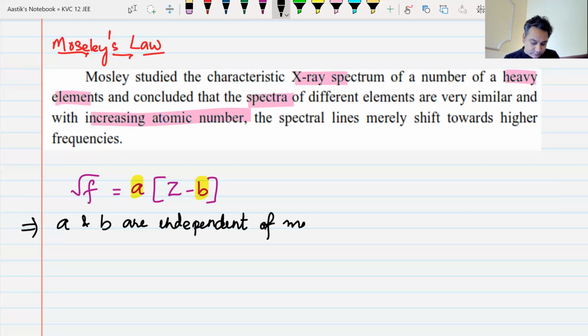This law came to be known as Moseley's law.